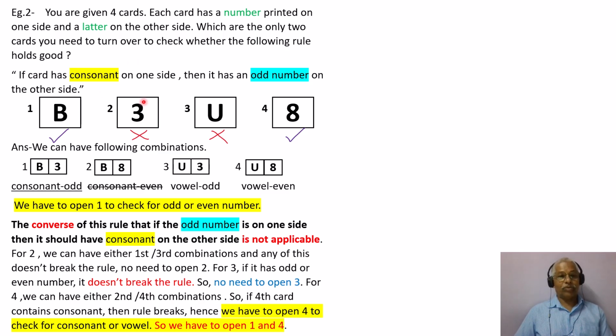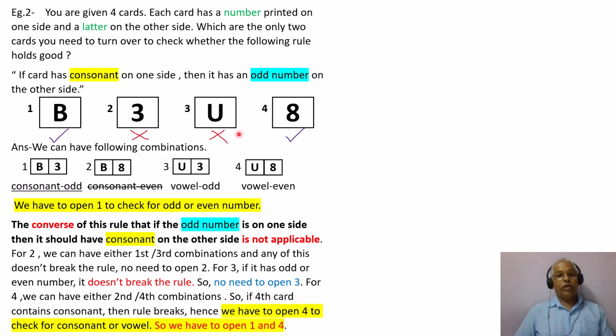Remember this. So for 2 we can have either odd and consonant, or odd and vowel, and any of this doesn't break the rule, so no need to open 2.